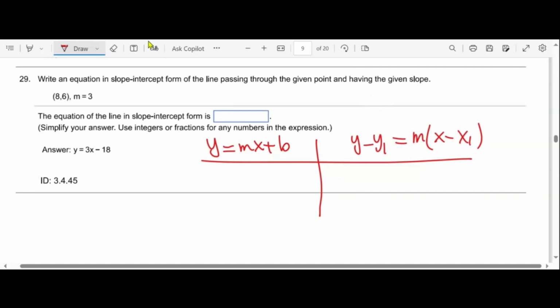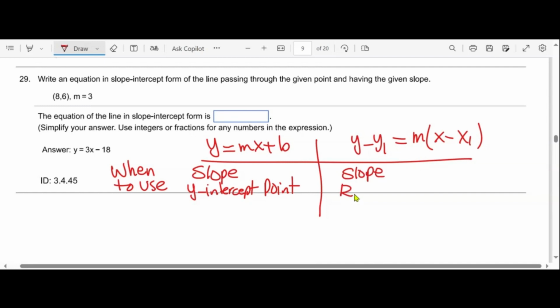Okay, so we have two equations. When do I use this and when do I use this? Use the one on the left when you have slope and two points. When do I use this one? When you have slope and a regular point, or slope and y-intercept. Do I have a regular point here or a y-intercept point?